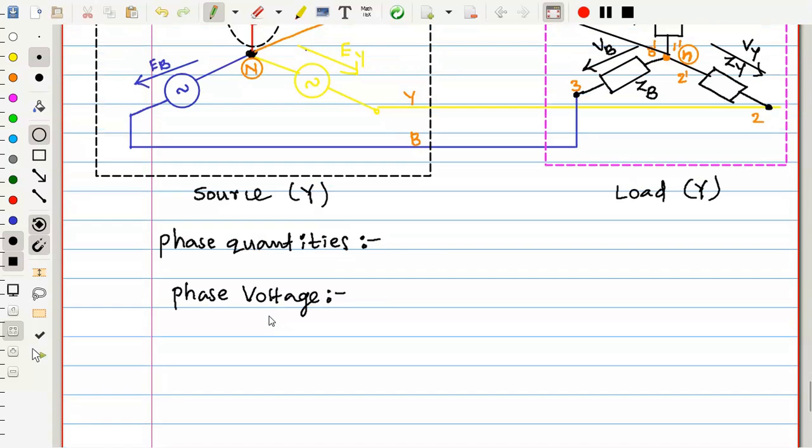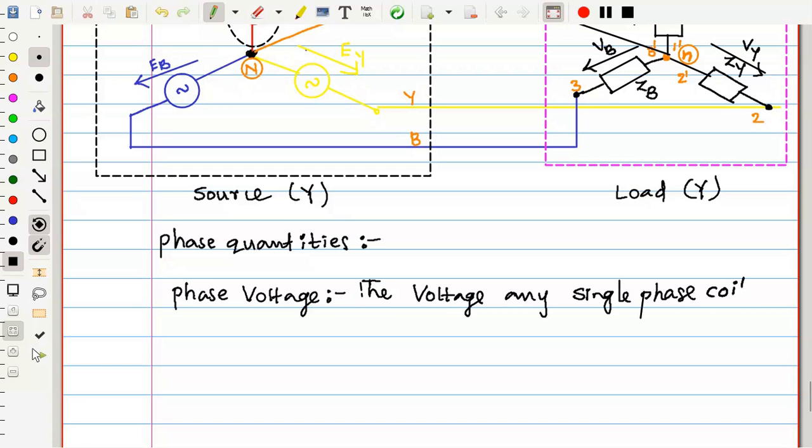So the voltage of any single phase, instead of generator I will say single phase coil, the voltage of any single phase coil.